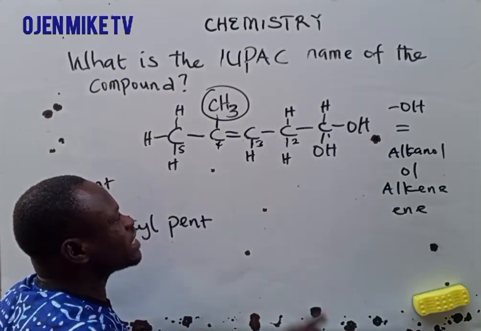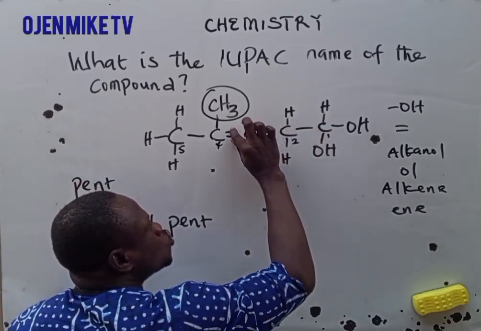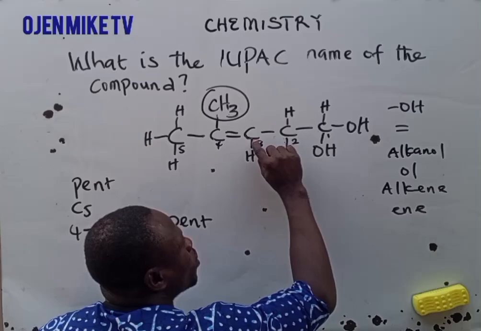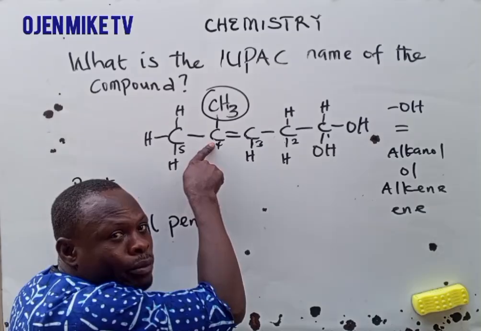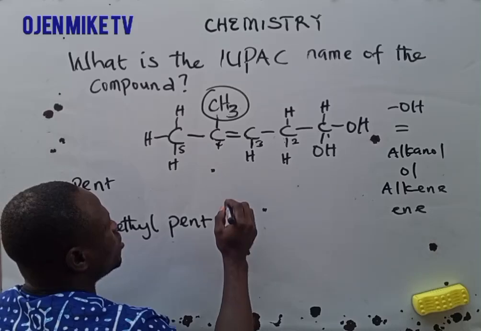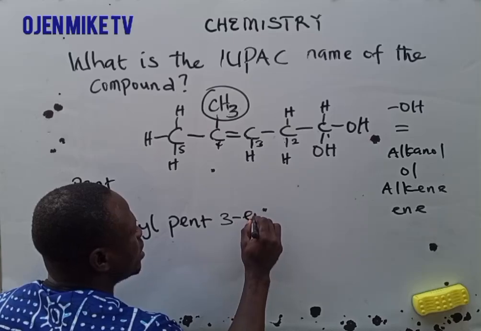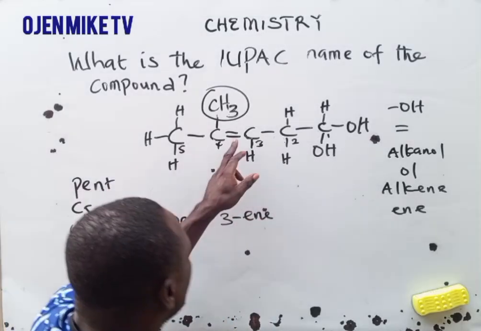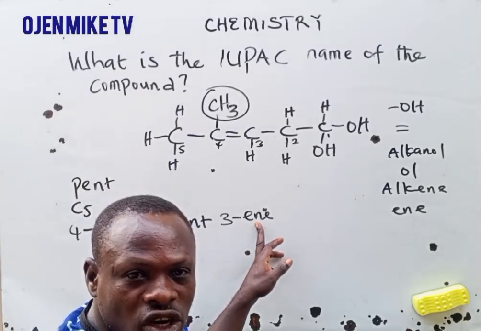This double bond is attached to this carbon atom. Because we are starting from here, it is attached to carbon number 3, not carbon number 4. So we have 3-ene. The double bond is of ene.